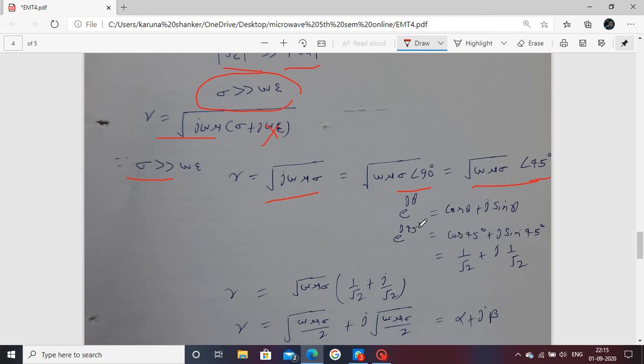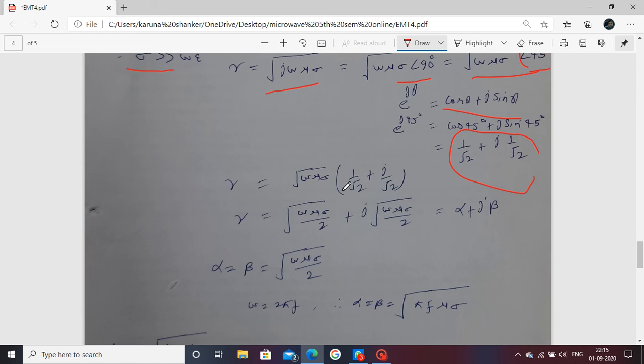We have already seen that e to the power j theta is equal to cos theta plus j sin theta. Put the value of theta here. Now this value comes in this form. Put this value here and multiply. We have already seen gamma is equal to alpha plus j beta. Comparing, alpha has this value and beta has this value.